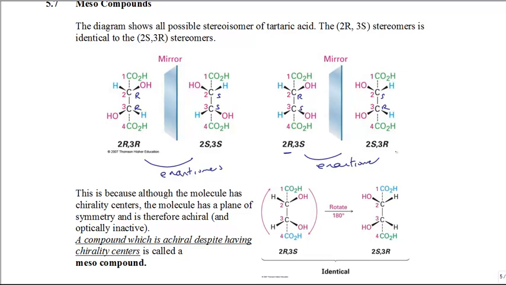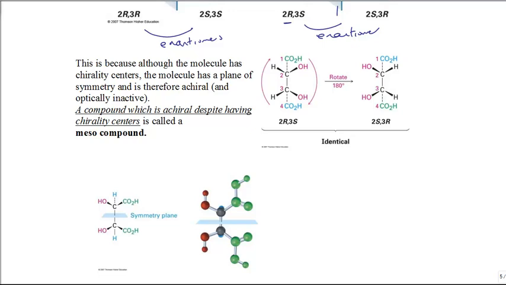Okay? So here what you have is, great, they are looking at each other across a mirror, but this is the same one. Do you see there's a plane of symmetry across here? Okay. So before I had two different chiral centers, bromine and chlorine.